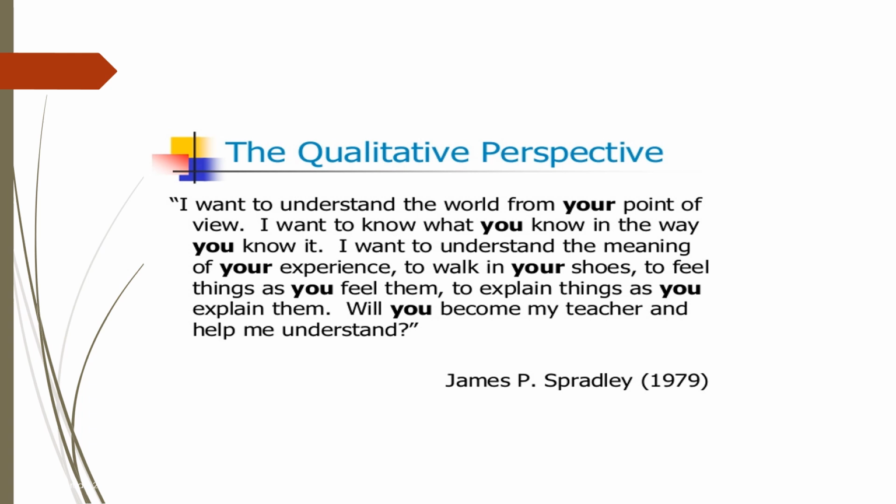So the main idea behind the qualitative research is that, for example, you will do an interview with someone, and ask the participants many questions regarding the topic under investigation to gain a deep understanding of this issue.